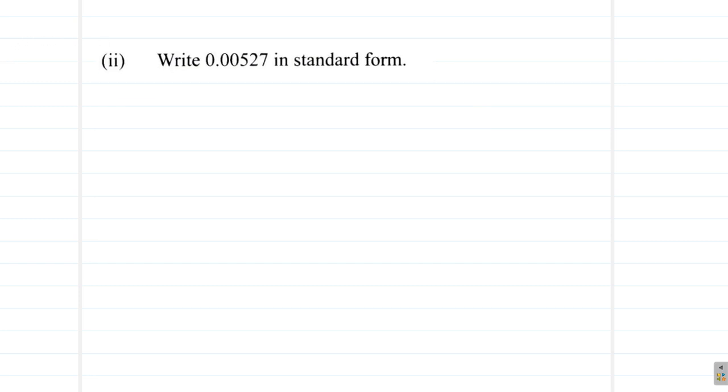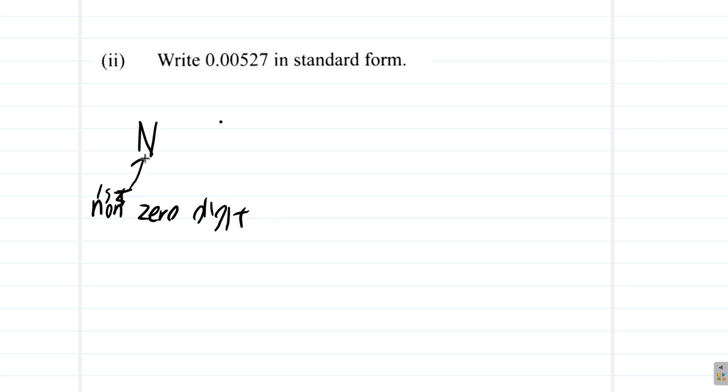Now, the thing is, when you're writing in standard form, you're going to have a digit, call it n, one single digit, it must not be 0, right? So it's the non-zero digit, the first non-zero digit.